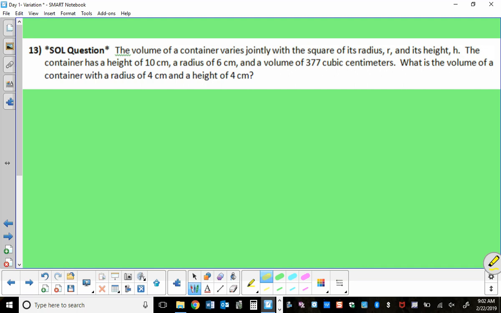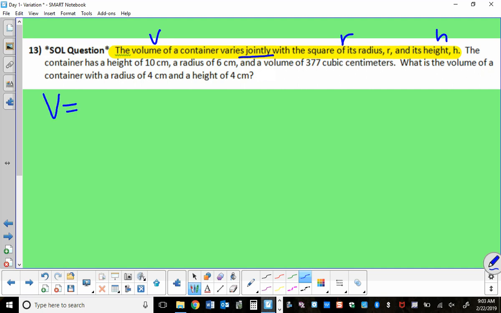Let's go back to the beginning. My first step is to make my equation. So it says, I'm going to call the volume V, varies jointly with the square of the radius. We call the radius R, so we can call height H. Okay, so I'm going to write this out.